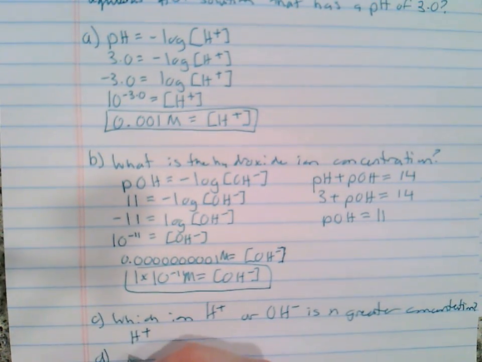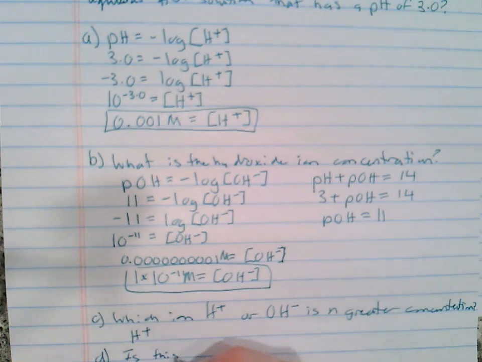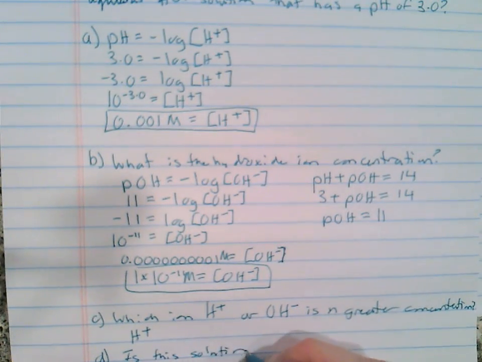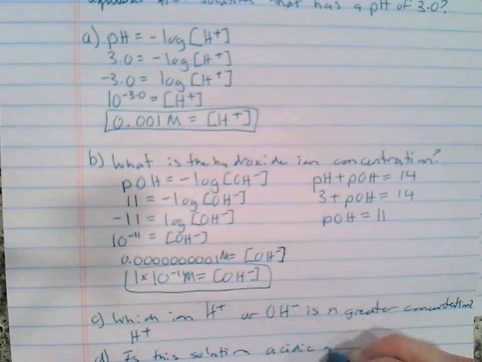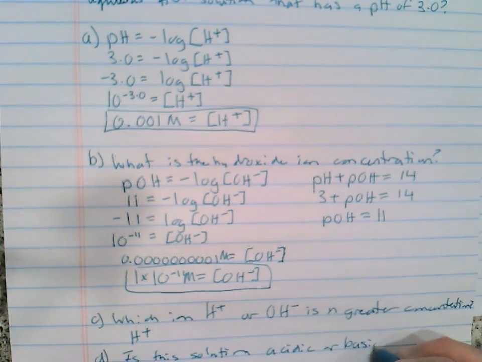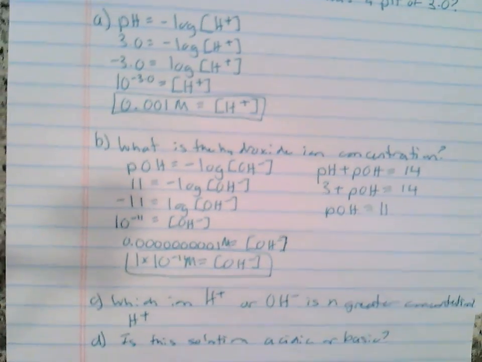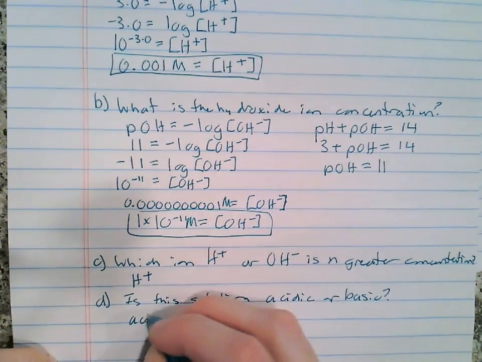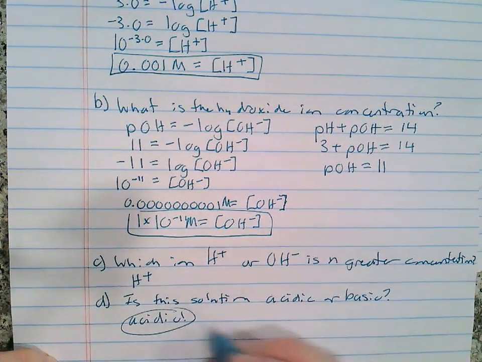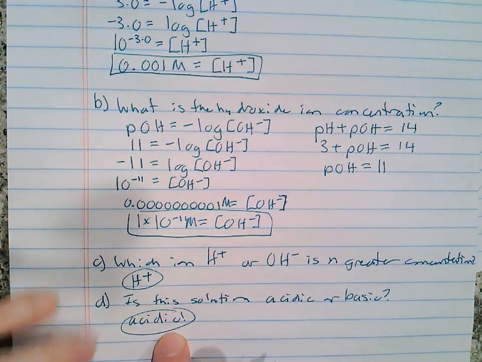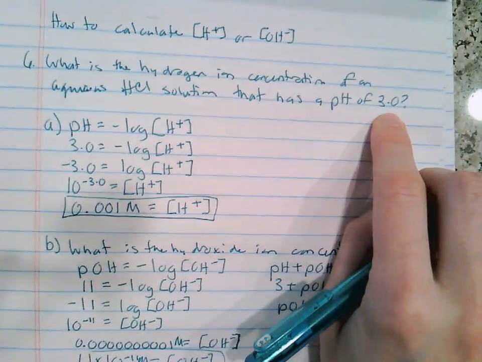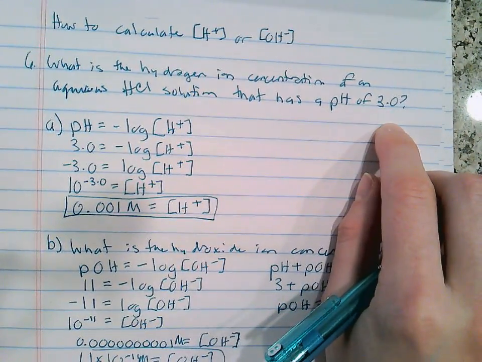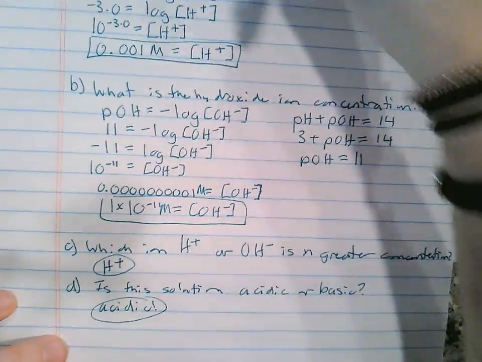Which means part D, is this solution acidic or basic? Your answer would be acidic, which you might have been able to tell even based off my initial pH. The pH is 3. Anything with a pH less than 7 is going to be considered acidic.